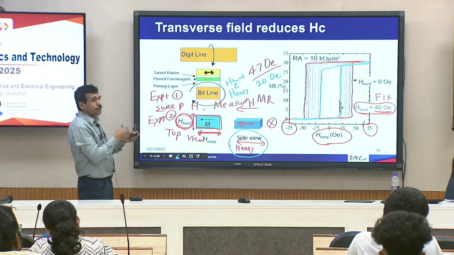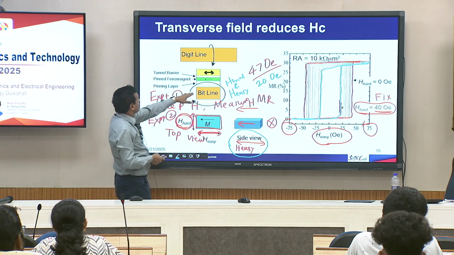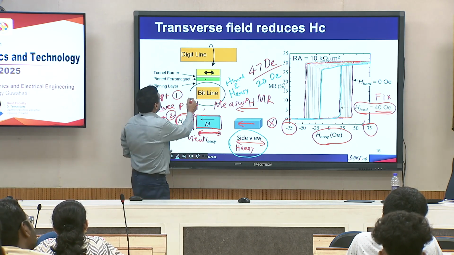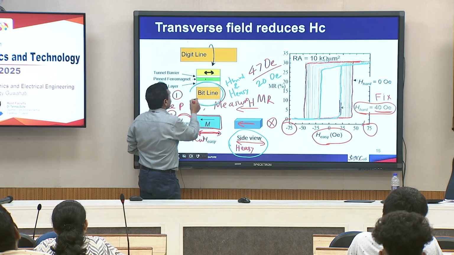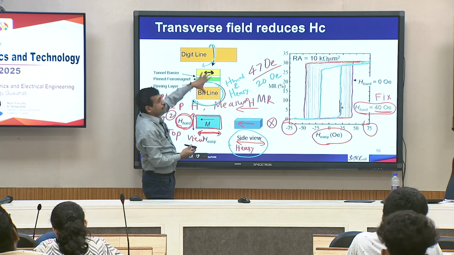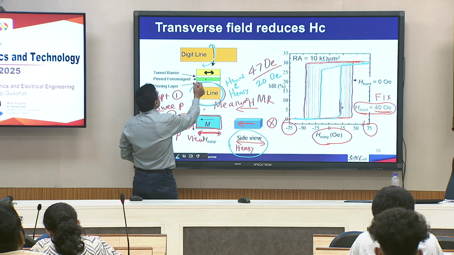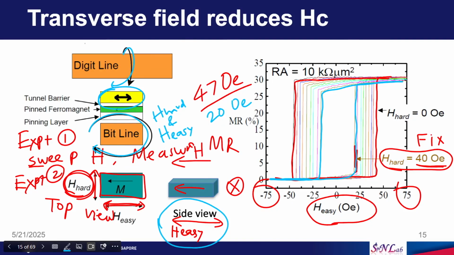So, we are applying two orthogonal fields, right. If you remember, we have a bit line and a digit line, both of them generating a magnetic field. So, we are using two magnetic fields orthogonal to each other, which means the coercivity of the free layer here will be much lower than the coercivity of all the other MRAM cells.